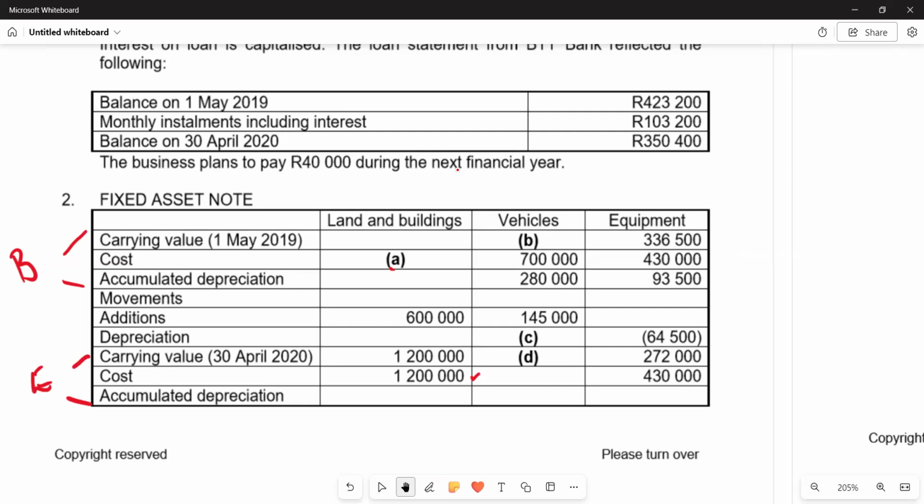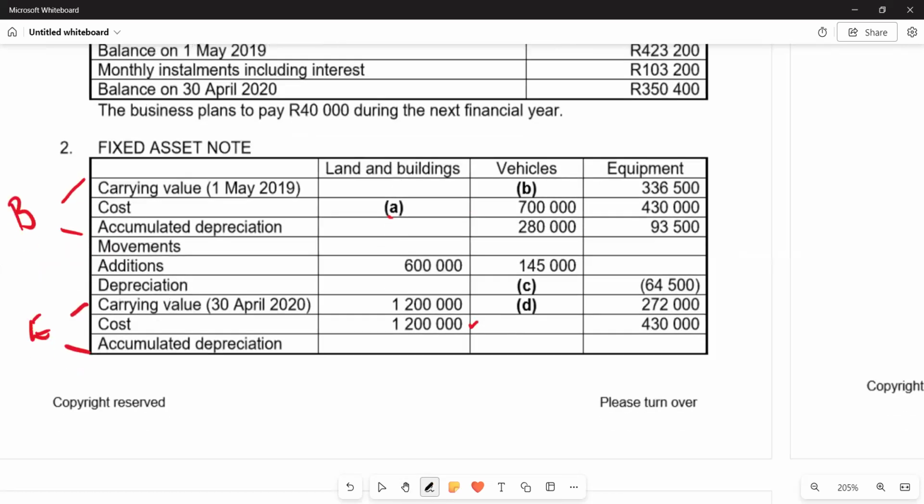But obviously the missing figure is cost at the beginning. So what we are saying is, if you say A plus our 600,000, which represents additions, you are going to get cost at the end, which is 1,200,000. So to find A now, you can make it a simple formula whereby it becomes 1,200,000 minus 600,000.